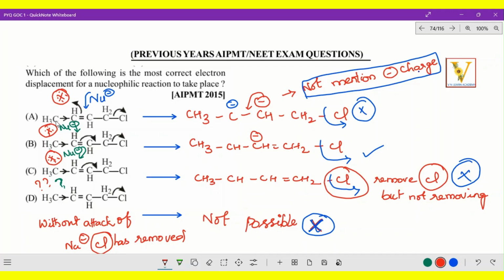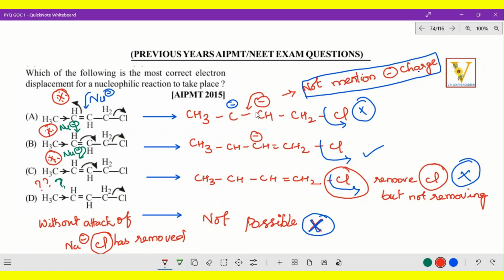See, in the first option, CH3, CH double bond, CH2Cl. Here, the nucleophile is going to attack. When the nucleophile attacks, the pi electron transfers here. So the pi electron transfers, meaning a minus charge will be coming. But the nucleophile which is going to attack, they didn't even mention its minus charge.